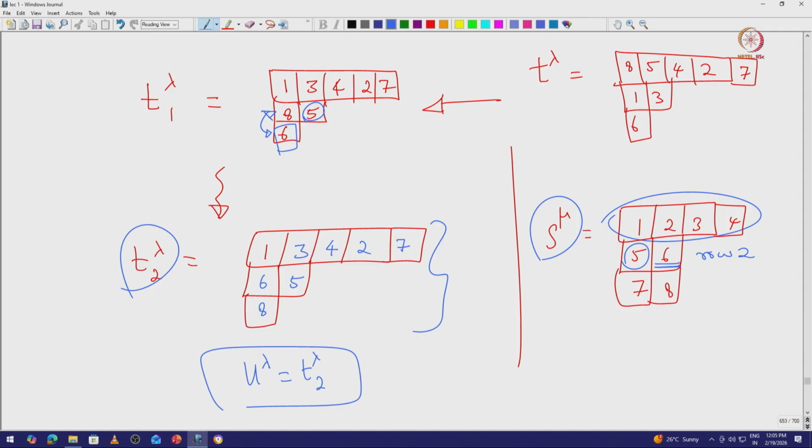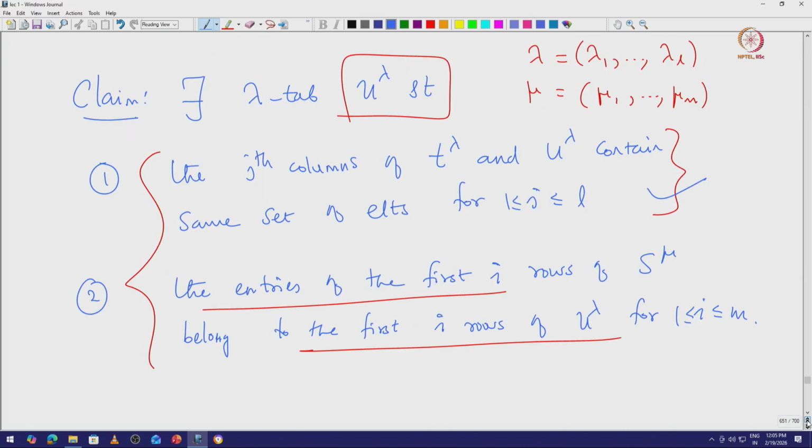So, this proposition says for any given tableaus T lambda and S mu satisfying the property that the entries in the same row of S mu are located in different columns of T lambda, then we will be able to obtain this U lambda satisfying these two properties: that the columns of T lambda and U lambda contain the same set of elements, and the entries of the first I rows of S mu should belong to the first I rows of U lambda.